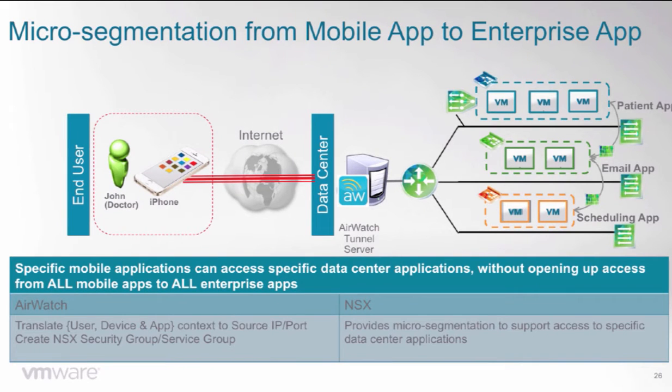So this gives you a little bit clearer view of what the entire mobile security environment should look like. It's really micro-segmentation with Airwatch. So we've got John with app level access via Airwatch into the applications that he needs on the corporate side. And then you'll see that there are specific networks and security policies between the patient applications, the email applications, and the scheduling applications.